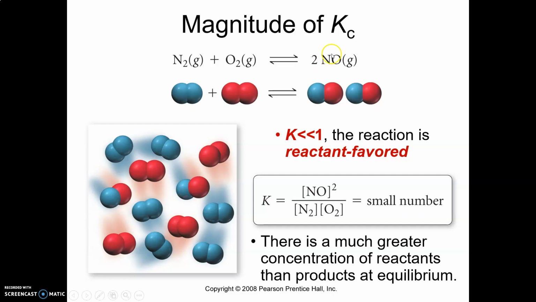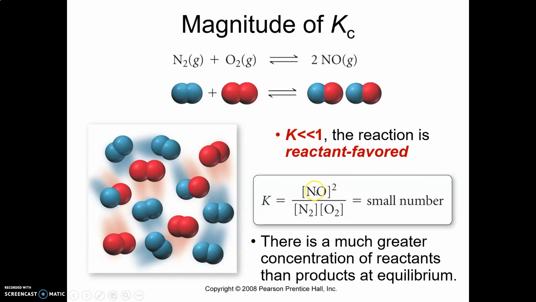So in this case, we're taking N2 and O2 and we're reacting them together to make NO. And if you look at our snapshot at equilibrium, you notice it is mostly reactant molecules, not a lot of products here. So again, what is this telling me? This is telling me that the reaction is reactant favored because at equilibrium, I have mostly reactants.